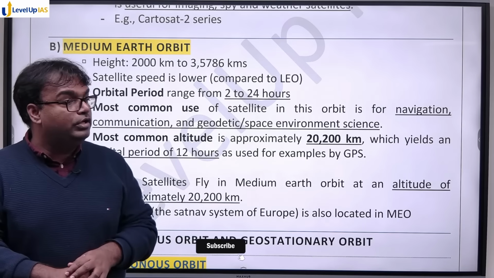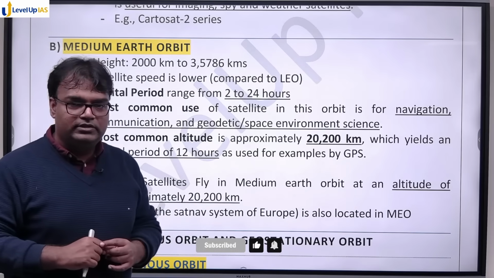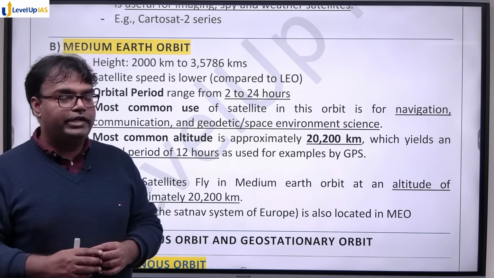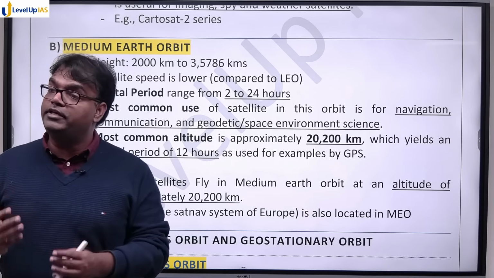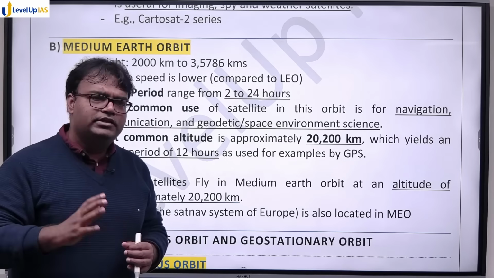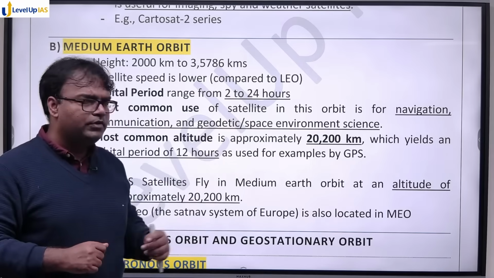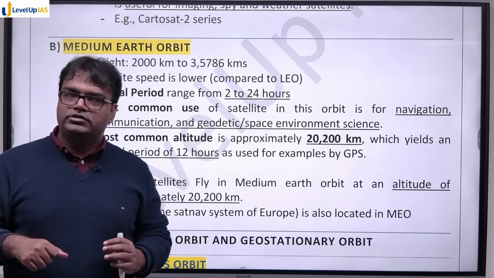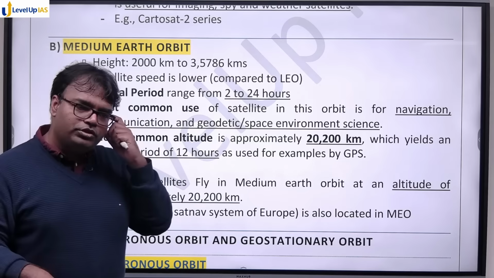So the satellites used for navigation, satellites which are contributing in navigation, are generally, please note I'm again using the word generally, put here. For example, India's NavIC, IRNSS, is put in geosynchronous orbit, not at this height. China's BeiDou, some of them are put in medium Earth orbit but some of them are in geosynchronous orbit.